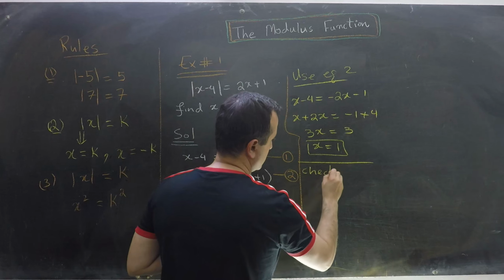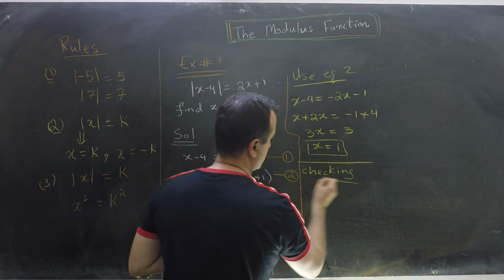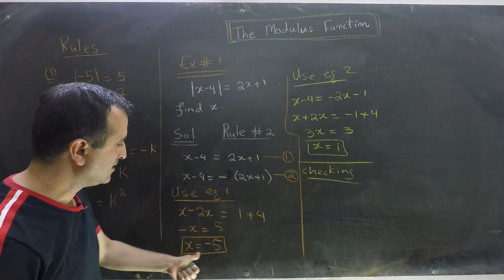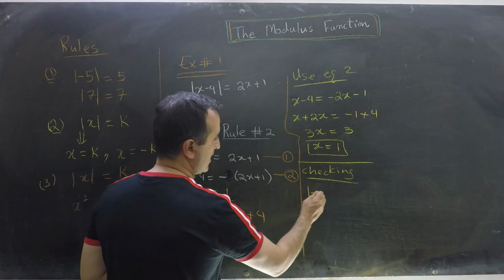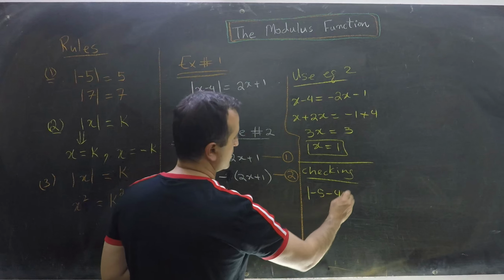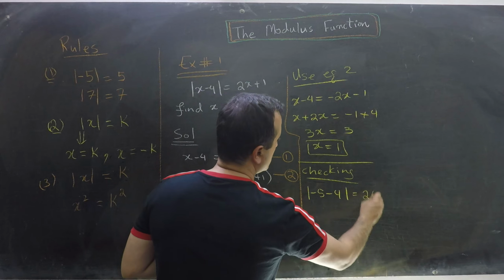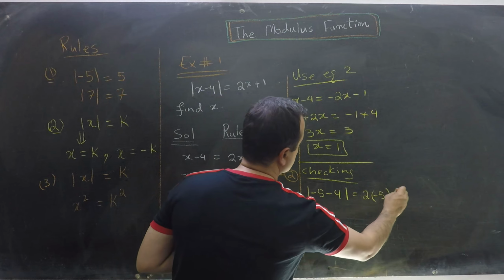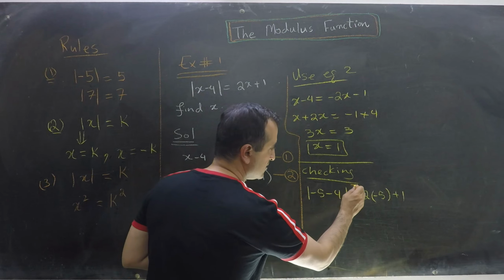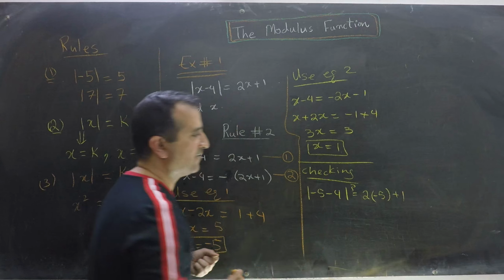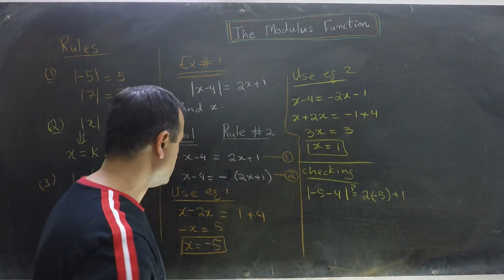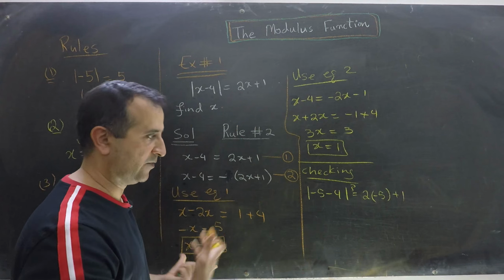Checking. I put x equal to minus 5 in this. It will be like modulus of minus 5 minus 4 is equal to 2 times minus 5 plus 1. I'm putting a question mark here because I'm checking if left hand side is equal to right hand side. If left hand side is equal to right hand side, then this value is acceptable, otherwise not.